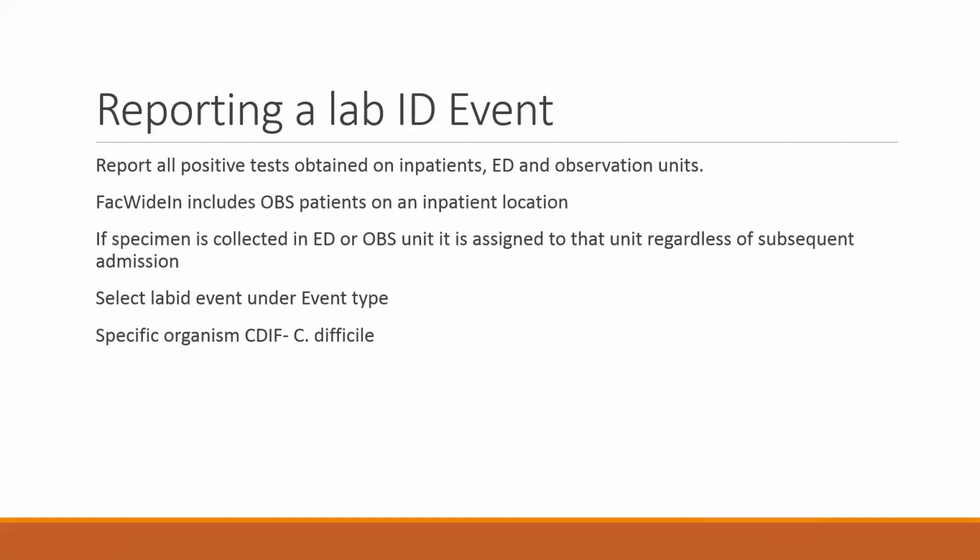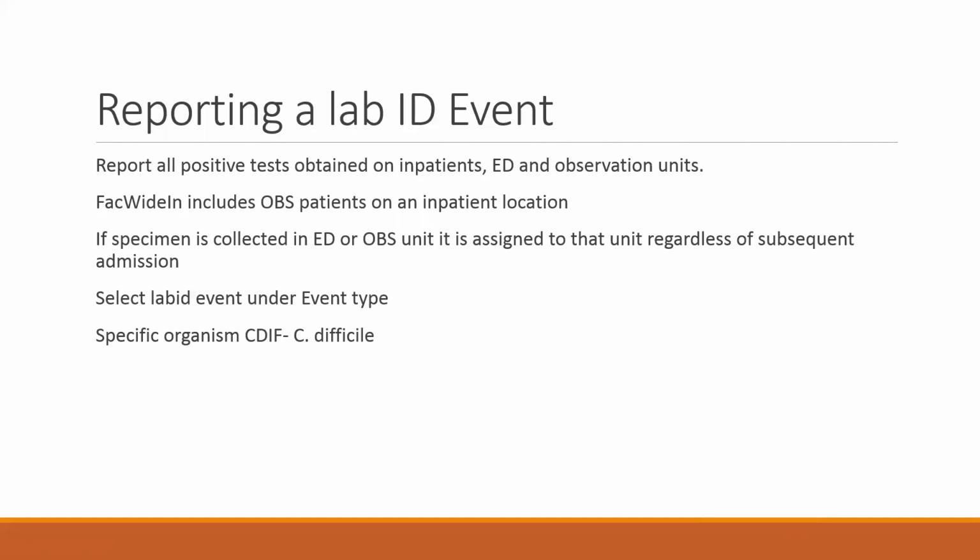If the patient is in the emergency room or on an OBS unit, you would assign it to that, even if they wind up getting admitted down the road. When you go in, you're going to select event type, which is going to be a lab ID event, and then the organism is C. diff.